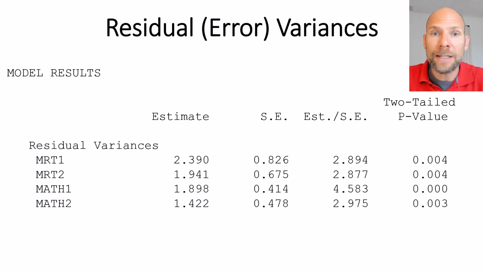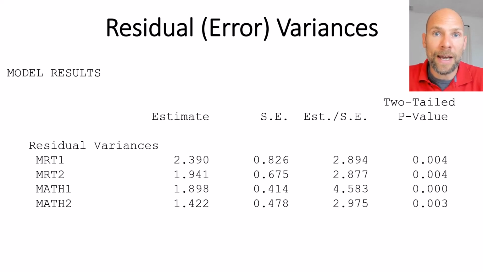Finally, we also get residual or error variance estimates as part of the model results, and those give us the residual variance component in each observed variable that is due to error, or at least is not due to the factor that is measured here.